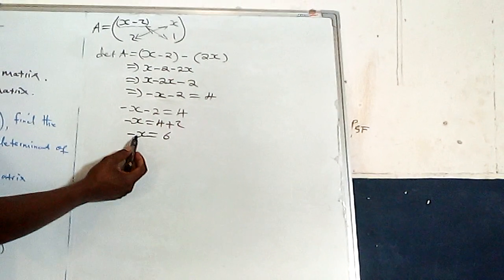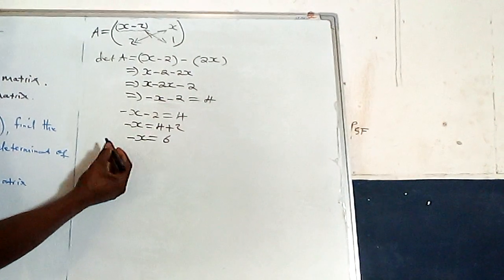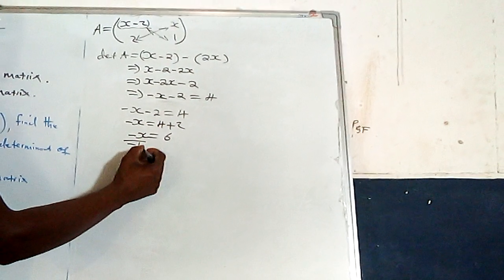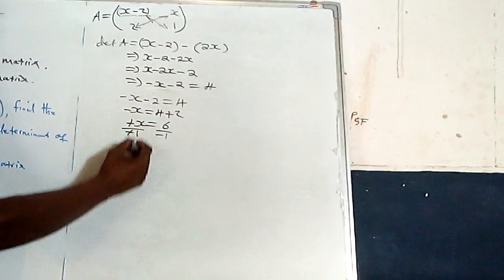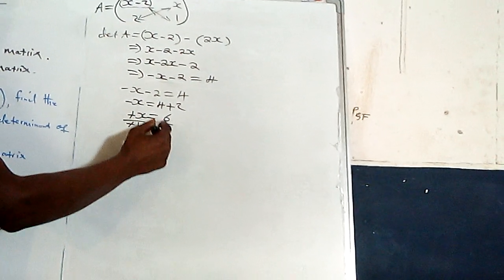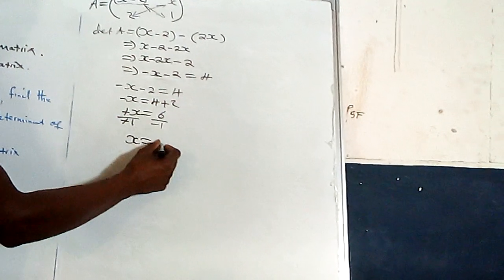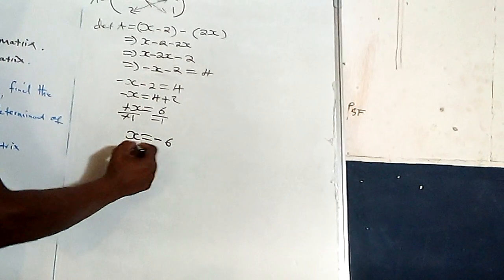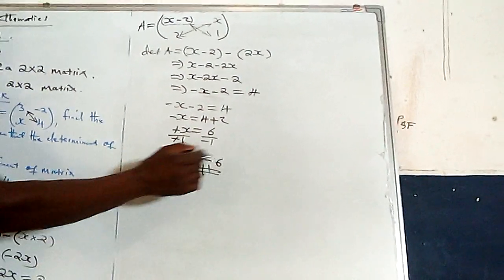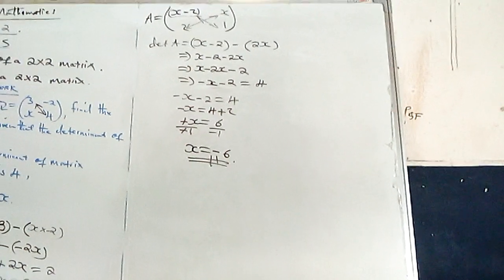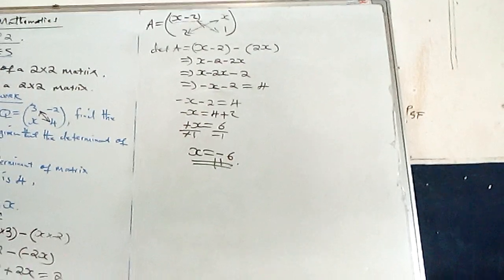So you look at the coefficient of x here, which is minus 1. You divide both sides by negative 1. You cancel out that, you cancel out that one. 1 into x is x. Negative divided by negative is positive. 6 divided by 1, that's a 6. Therefore, the x value is minus 6. And that is the answer. Great.